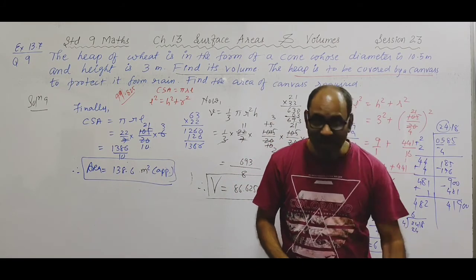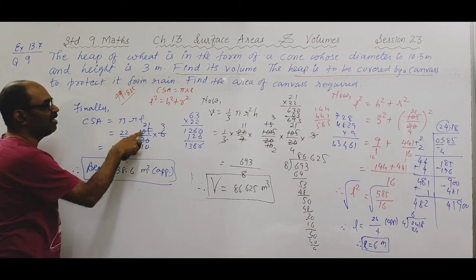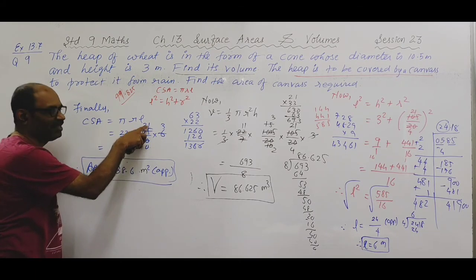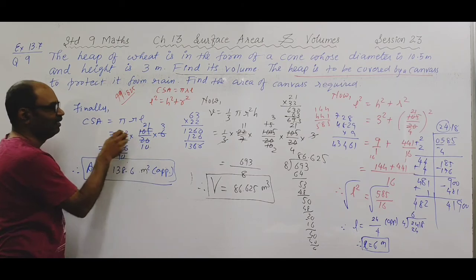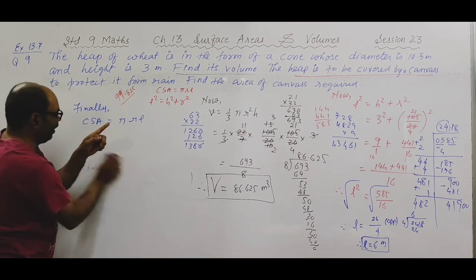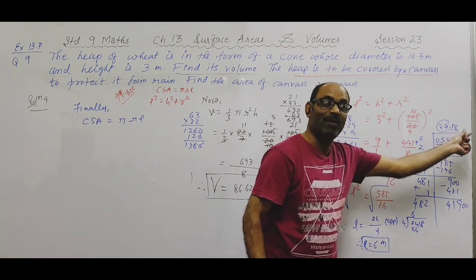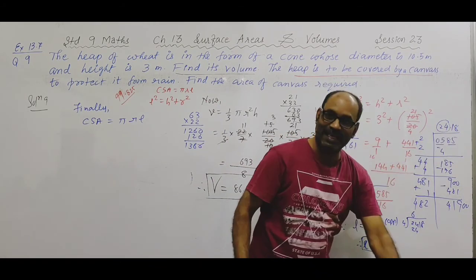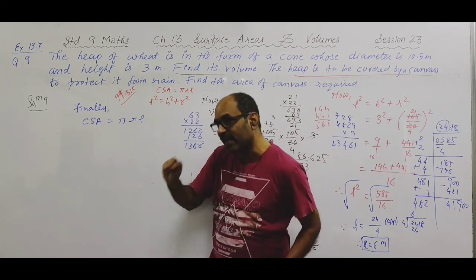And one of the girls found the error here. 7 ones are 7, 7 5s. I wrote 21 directly. So the mistake is here. The answer won't be exactly the same, but it will be very close to that because we didn't take 24.18. We took 24 approximately. So it will come slightly less than this.